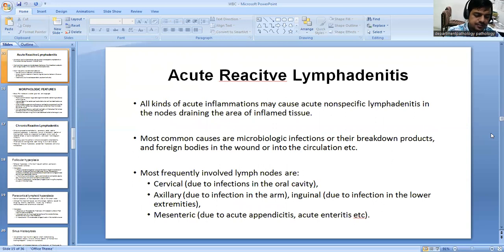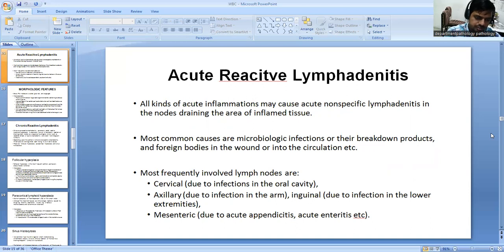Acute reactive lymphadenitis. All kinds of acute inflammations may cause acute nonspecific lymphadenitis in the nodes draining the area of inflamed tissue. The most common cause is microbiological infection, or breakdown products and foreign bodies in the wound.